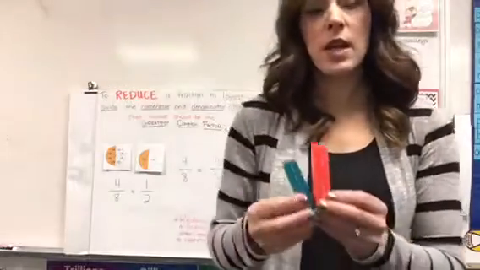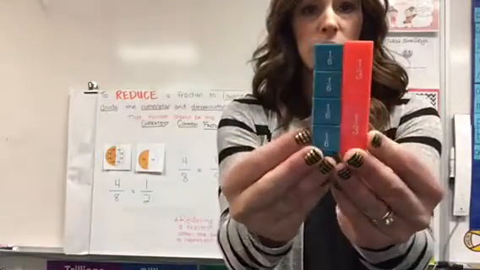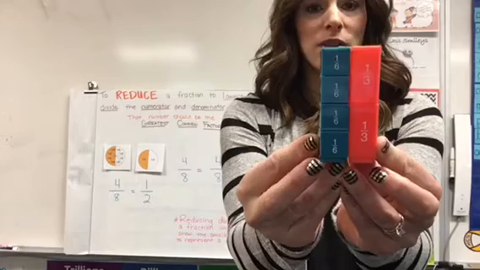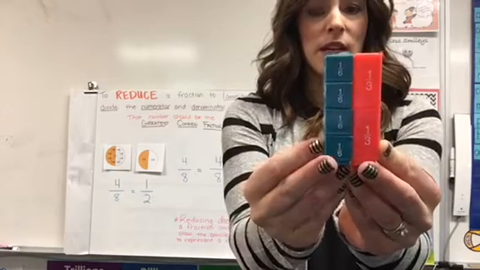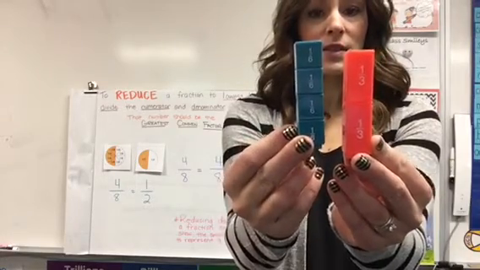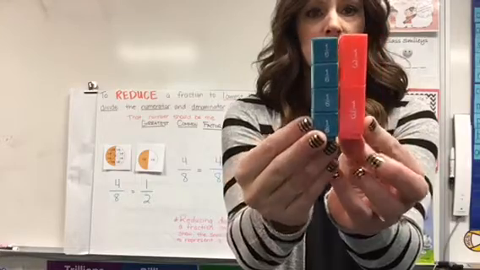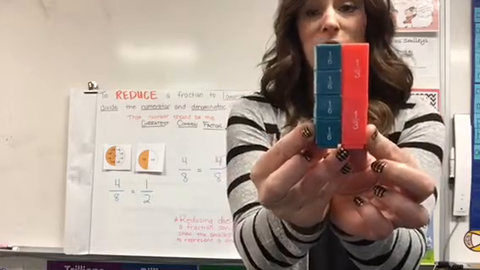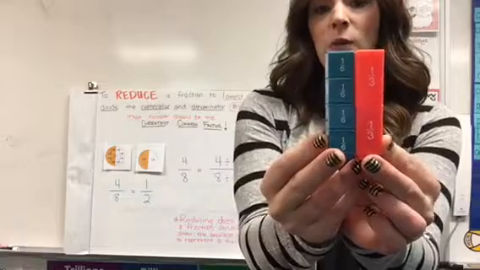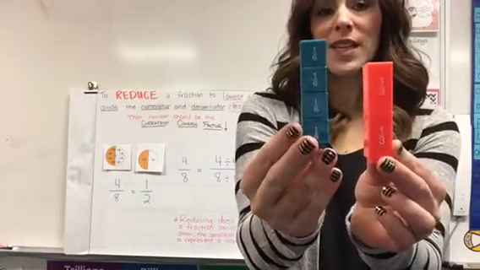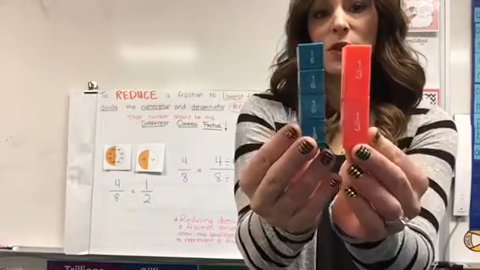I'm going to show you how 2/3 and 4/6 are the same. If you take 4/6 and 2/3, they're the same. They are equivalent fractions. And when I reduce 4/6, I come up with 2/3.